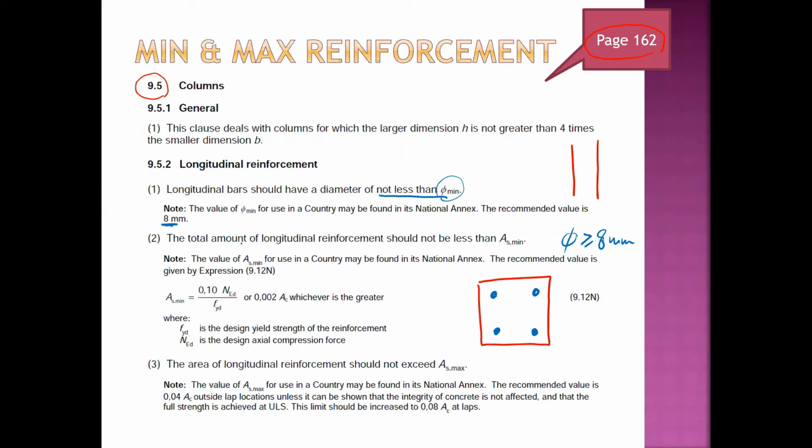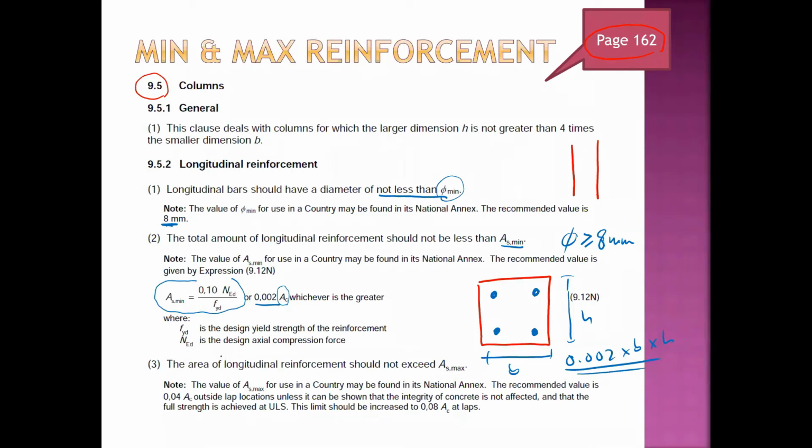The total amount of longitudinal reinforcement, this is the limit: As,min shall be derived by these equations, or 0.002 Ac. Ac means this one; let's say this is B and this is H. So 0.002 times B times H is the limit, the As,min.